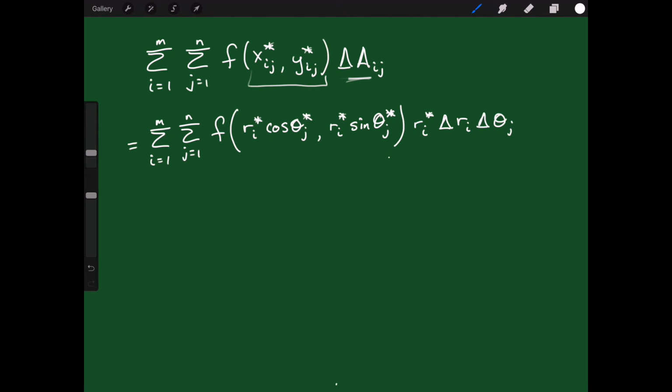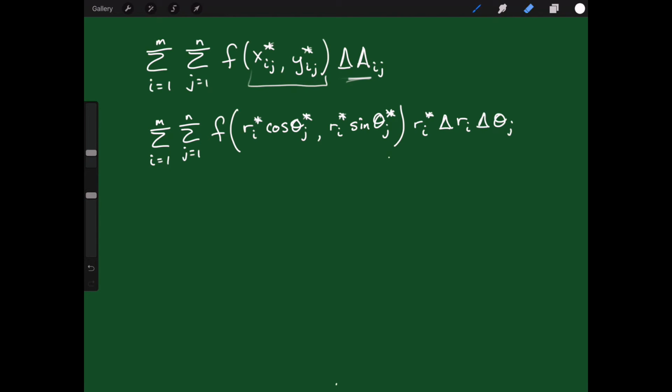Okay. Then we would take that and take the limit as the maximum of the delta r sub i's and the delta theta sub j's go to 0. So now if we looked at this, here I'll just erase this for a second.